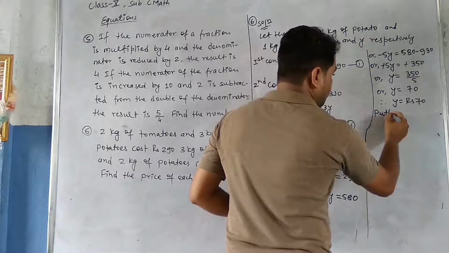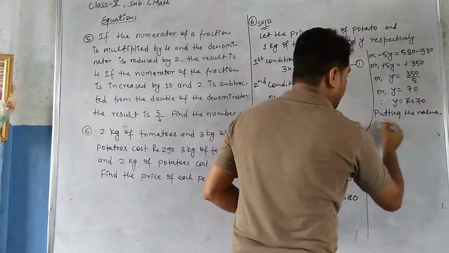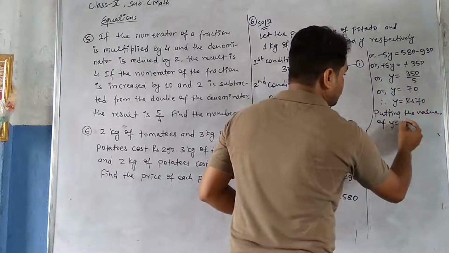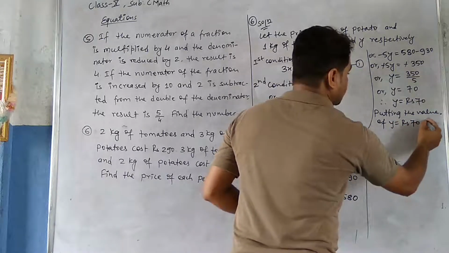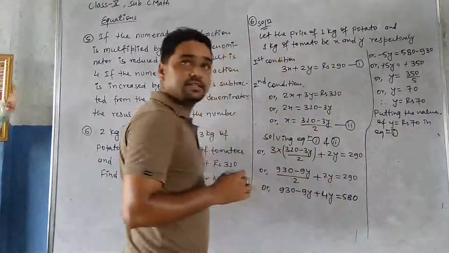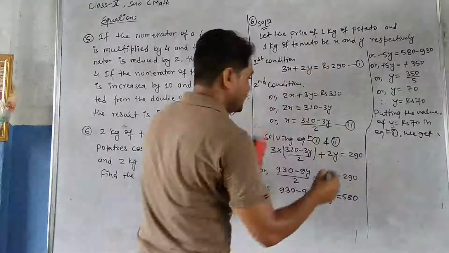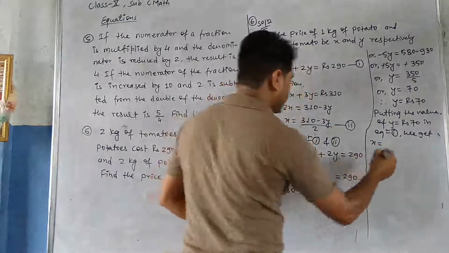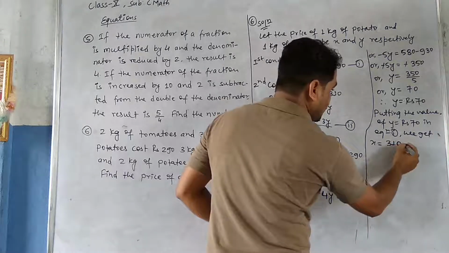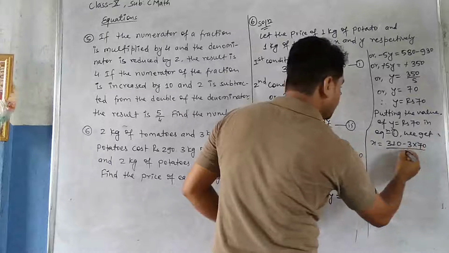Putting the value of y equals Rs 70 in equation second. Yes, if you put that, then we get x equals (310 minus 3 into 70) by 2.